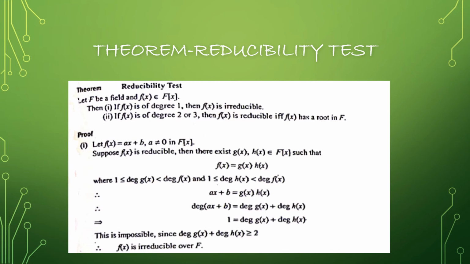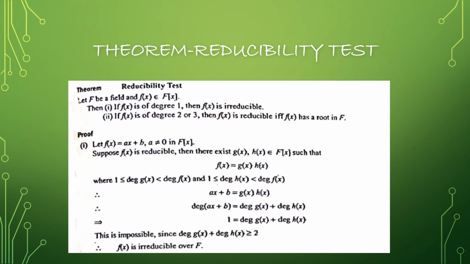We have already seen this, where a is not equal to 0. So if a is equal to 0, what will happen? It will become a zero polynomial in F of x. Suppose f of x is reducible. When I say suppose f of x is reducible, then there exist g of x, h of x belonging to F of x such that f of x equals g of x times h of x.